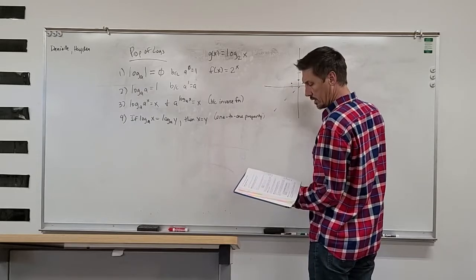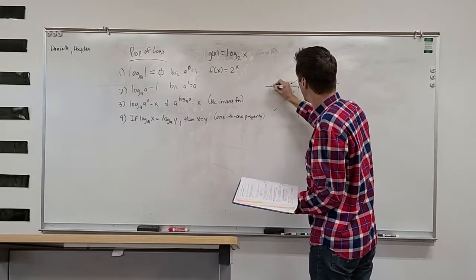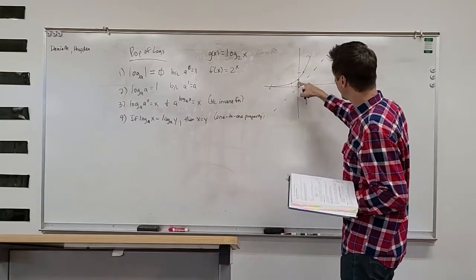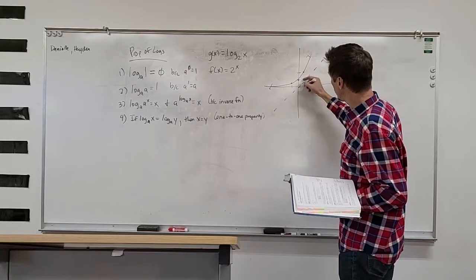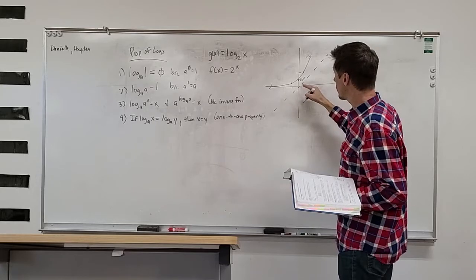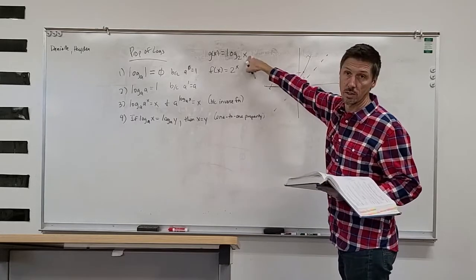So if we've got a function that looks like this, and we know that that's 2 to the x power, then for every point that we have here, since this point is 0, 1, we just reverse those, and we know that we're going to have a point at 1, 0 for the corresponding log function.